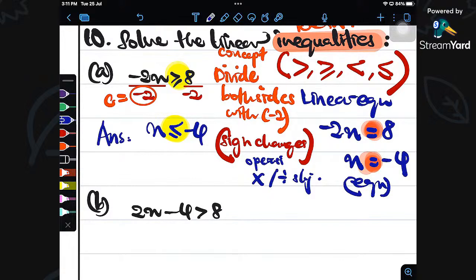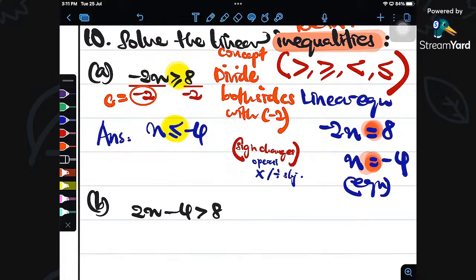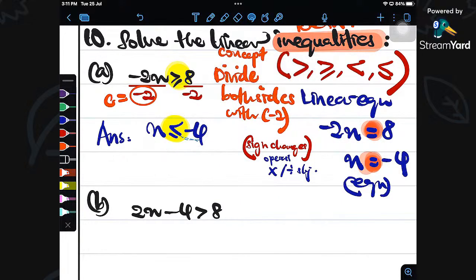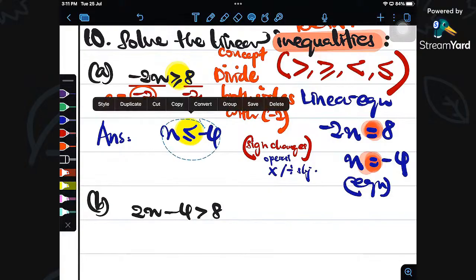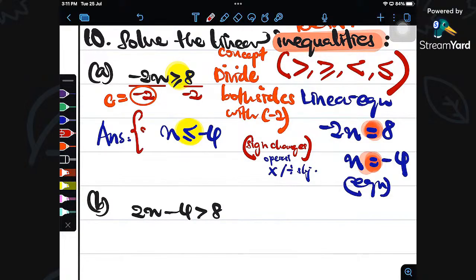This is actually the answer. But I want to teach about a more accurate answer to write in our syllabus. We need this curly bracket, such that, close the curly bracket. This dot means such that. Okay, I hope you know that.